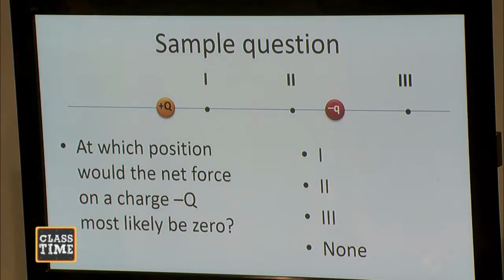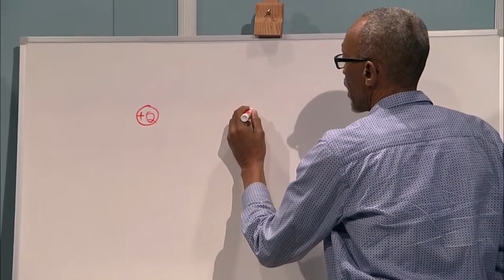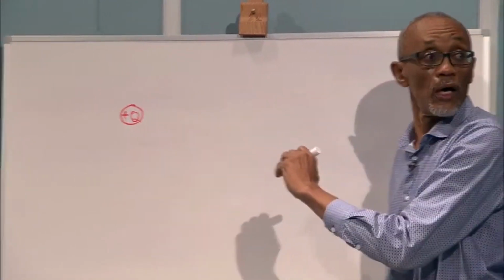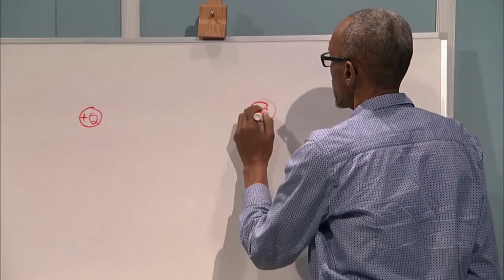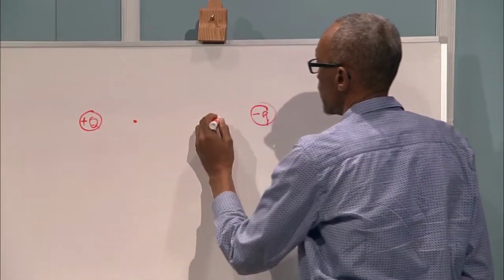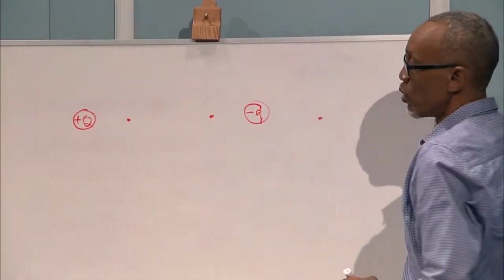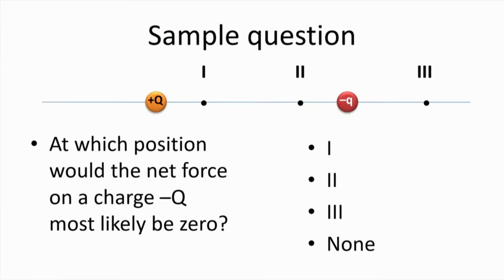So what we have is a positive charge and a negative charge, and we have 2 positions here. If I put a negative Q here, this charge will give it a force that way, and this negative charge will push it this way.